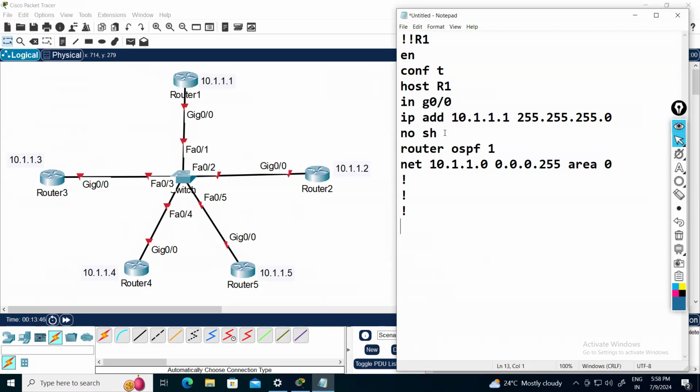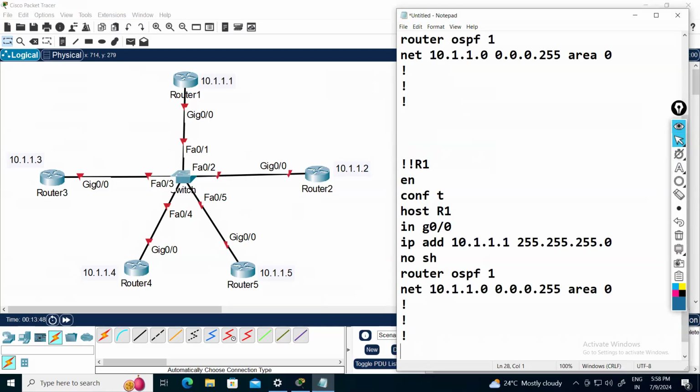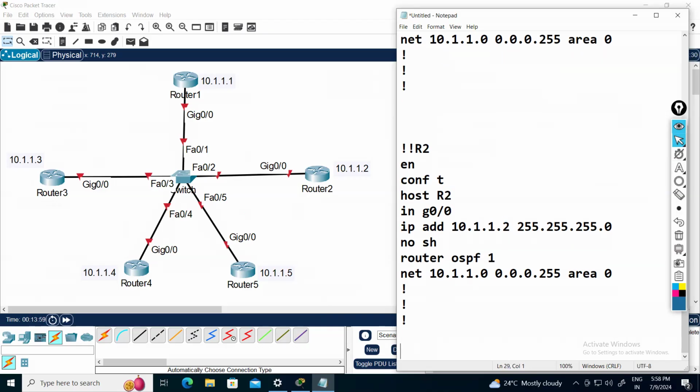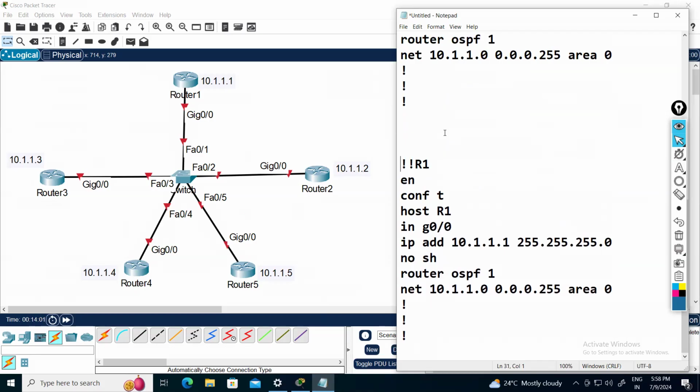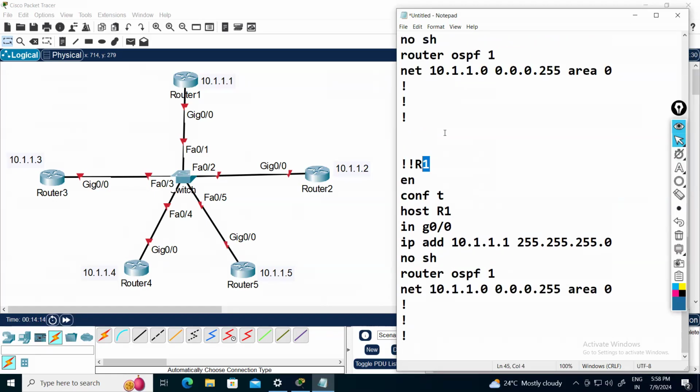Copy it. R2. Only the IP address information will change, nothing else. R3. R4.